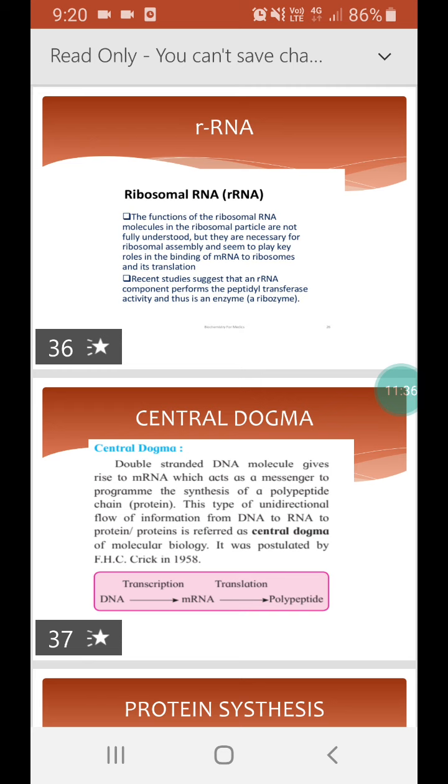These processes need DNA to provide the base sequences, 20 types of amino acids, three types of RNA, that is mRNA, rRNA and tRNA, ribosomes as the site of protein synthesis, plus various enzymes or factors, and ATP or GTP as a source of energy.